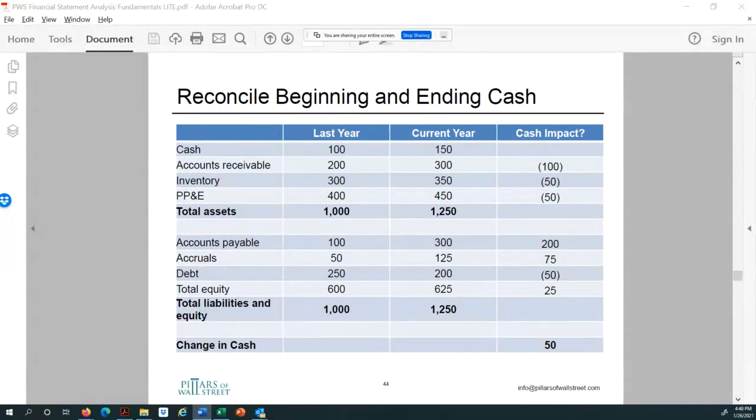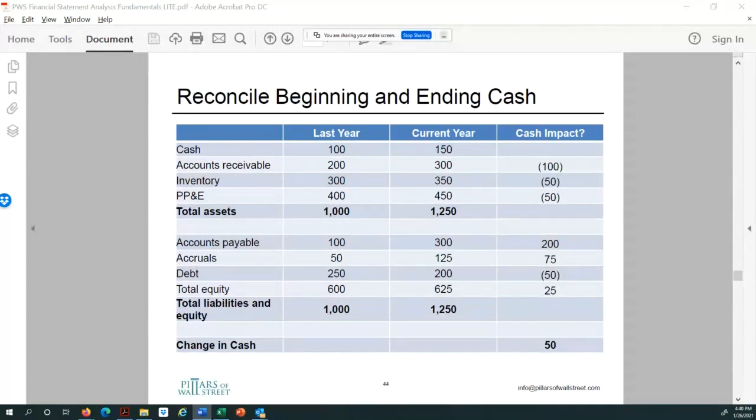Change in cash, which means you start with what? We start with $100 in cash and end with 150. Yeah, exactly. You start with the $100 in cash, you add the change, and boom, 150 in ending cash.